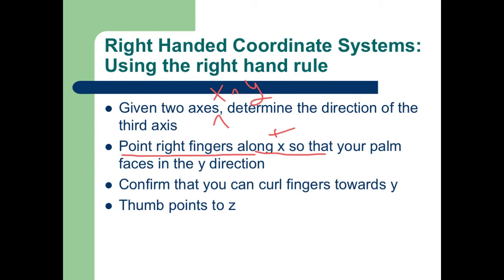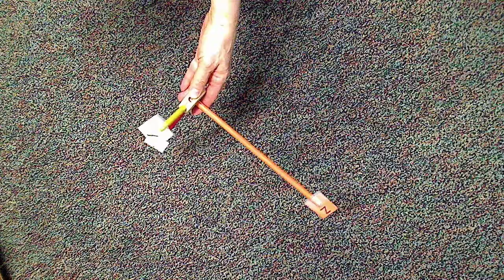But what you want to do is adjust your hand so that your palm is facing in the Y direction. So your fingers are pointing along positive X, and your palm is facing in the positive Y direction. And if you hold your hand that way, then you should be able to curl your fingers from X towards Y. And if you do that, your thumb will naturally point to Z.